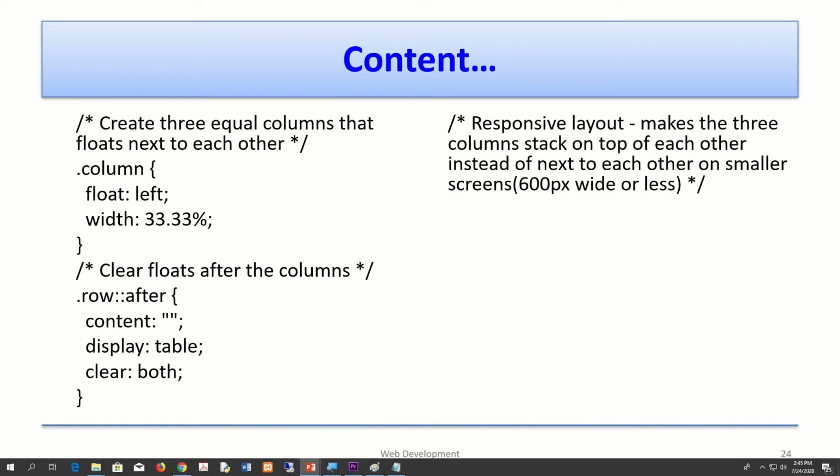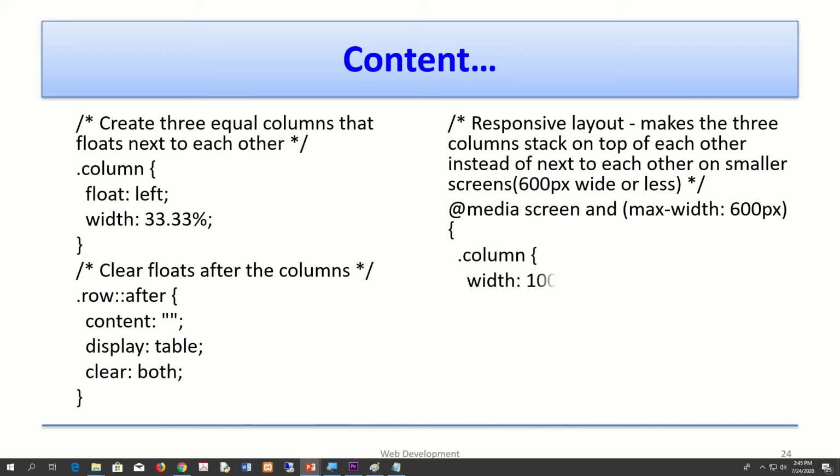And if it is less than 600 pixels, we can say column width is 100%. All right, so here I said column width is 33.33% for the usual situation, but if the screen size is less than 600 pixels, we can set column width to 100%, right? That is for the mobile version, smartphones or even tablets.